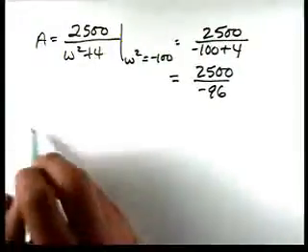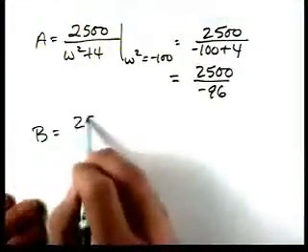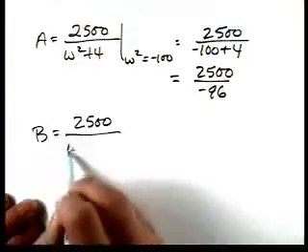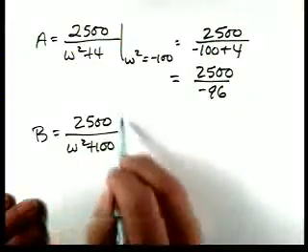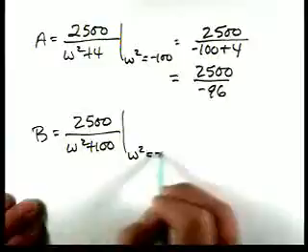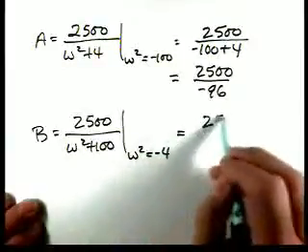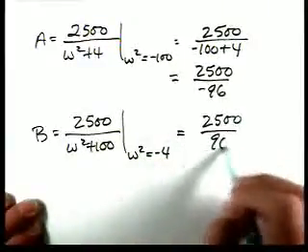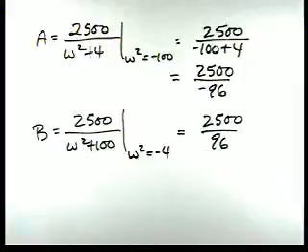So B is 2500 over omega squared plus 100, evaluated at omega squared equal minus 4. And here we'll get 2500 over 96. So now we've completed our partial fraction expansion.